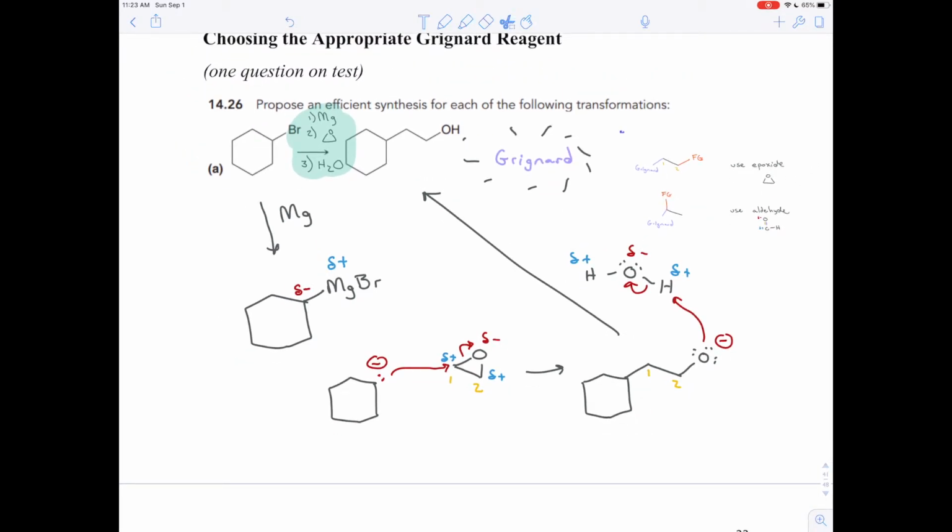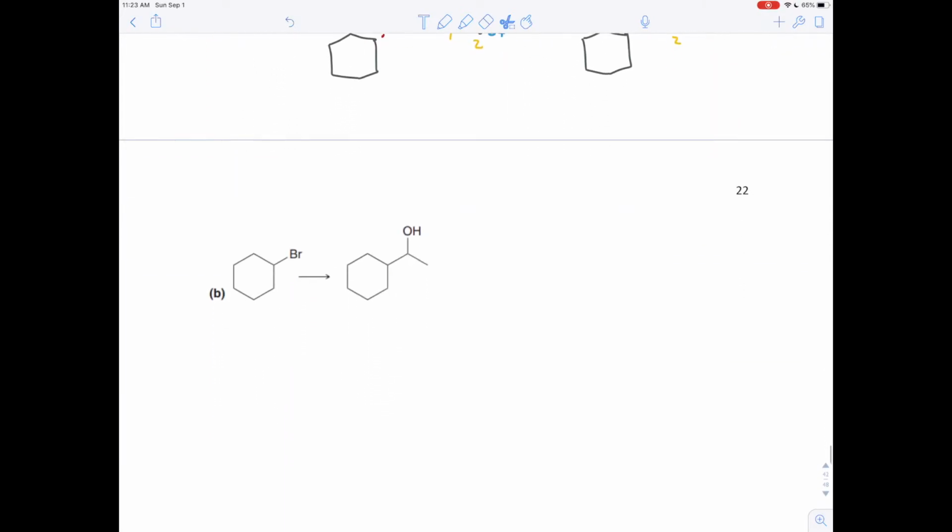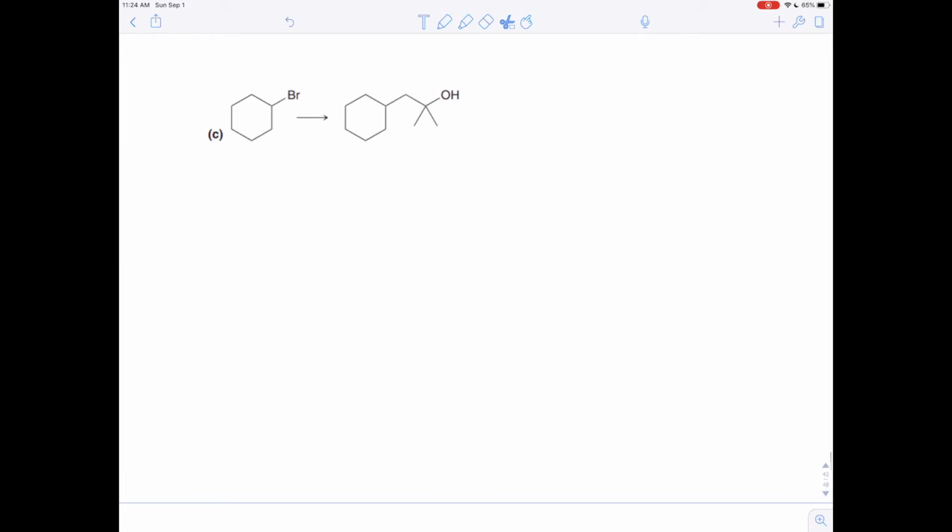Okay, let's jump around just a little bit just to see some consistency between these. So let's compare A with C. Let's try to jump to C. We'll come back to B a little later.